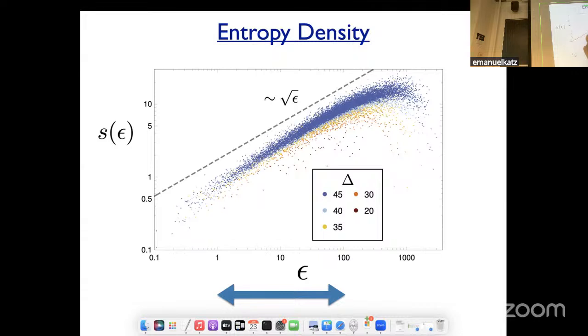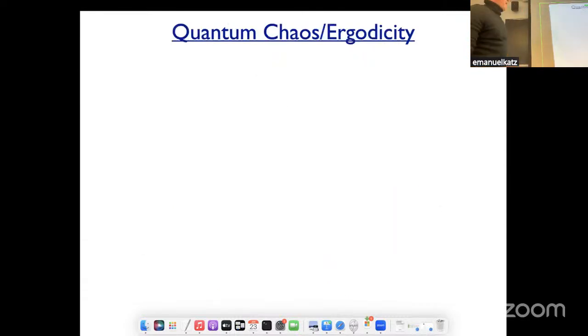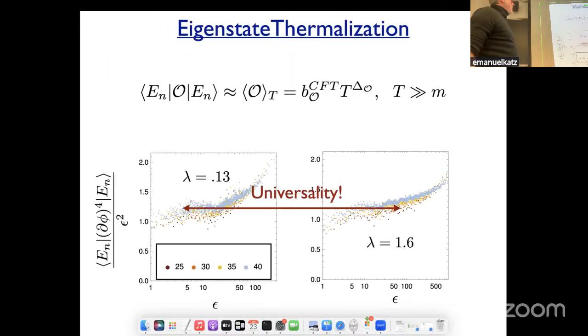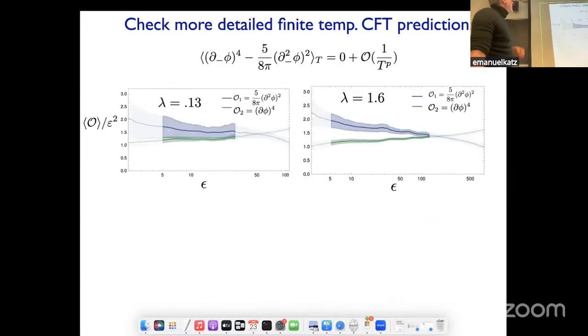But there's clearly some band over which the growth in the number of states matches what we expect from Hardy's formula. And it's only in that regime that I trust the plots that I've shown you. This is the regime where there are flat lines, universality and so on.